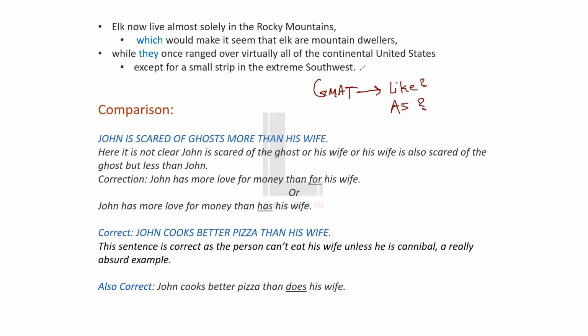Like and as. Like is used for comparison, as is used for comparison. In GMAT, such as is used for example. Like would not be used for example, as would not be used for example.